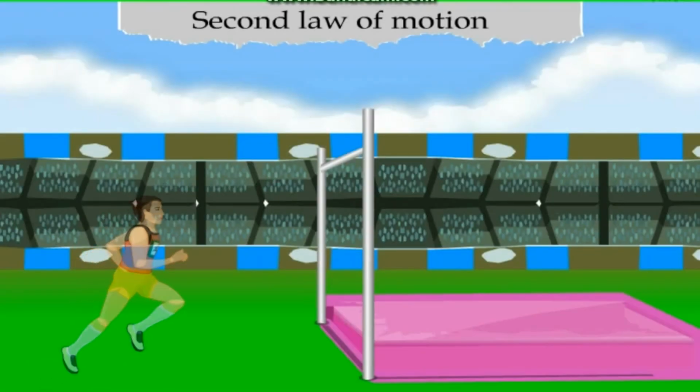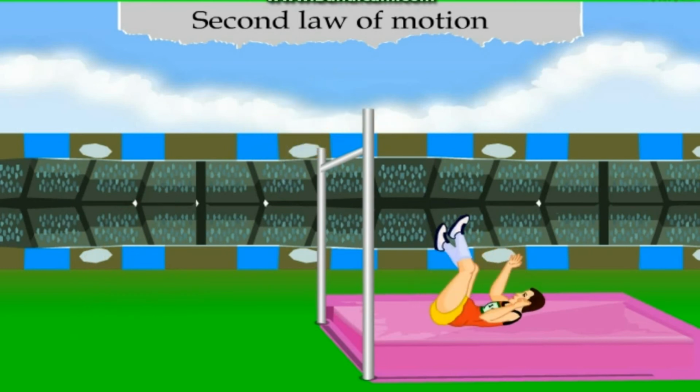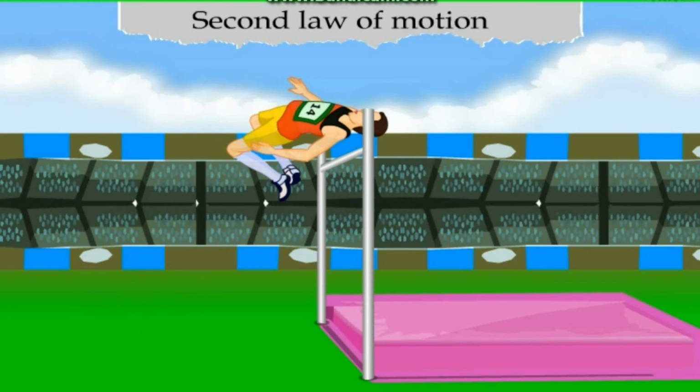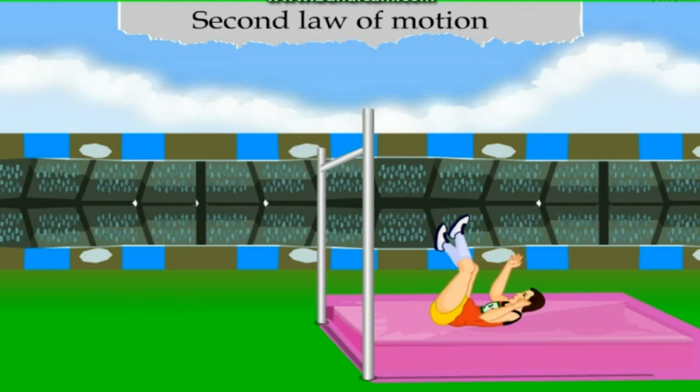Also, in a high jump athletic event, the athletes are made to fall on a cushioned or a sand bed. This increases the time taken by the athlete to stop after the high jump, and decreases the rate of change of momentum, and hence the force of impact.